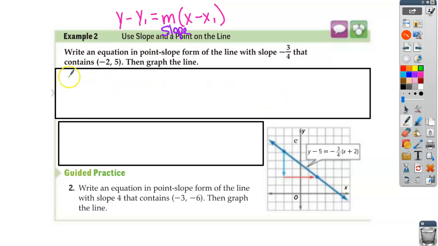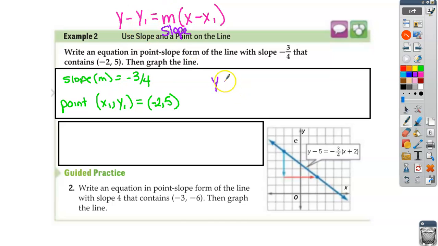So in this case, my slope, or m, is negative 3/4. And my point, which is x1, y1, is negative 2, 5. So I'm just going to take this info and plug it into my formula. Let's start with the y1 because we need that first.